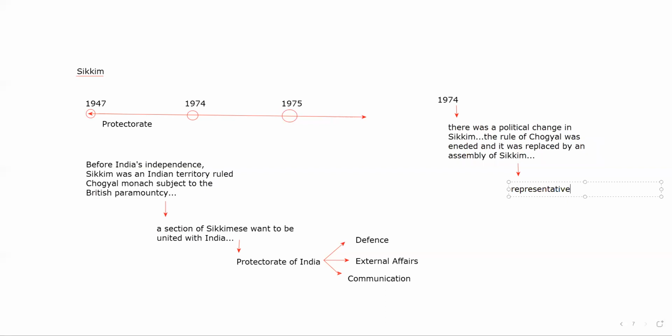The Assembly of Sikkim sought political and economic collaboration with India, and therefore, in 1974, Sikkim was made an associate state of India.